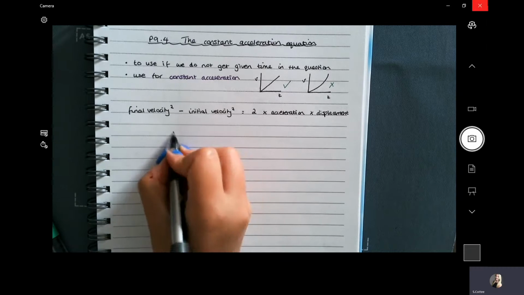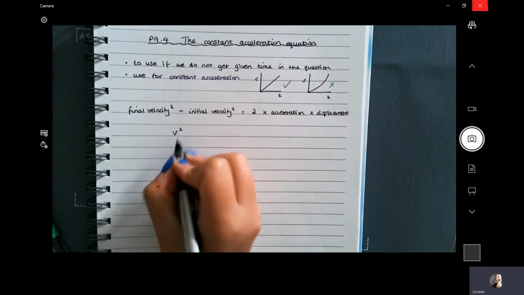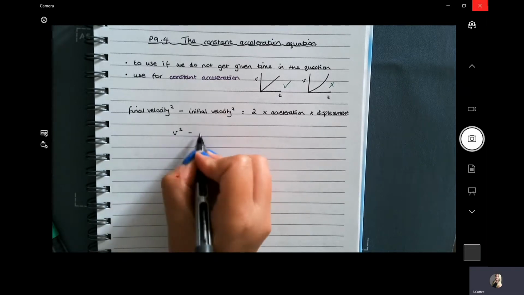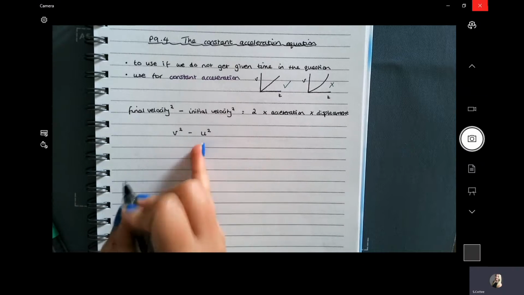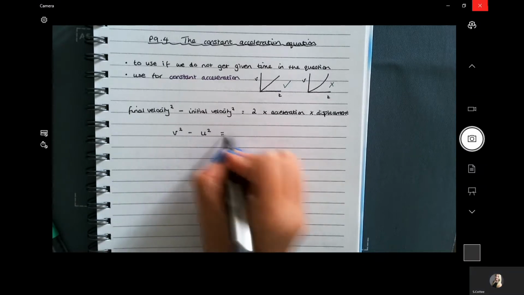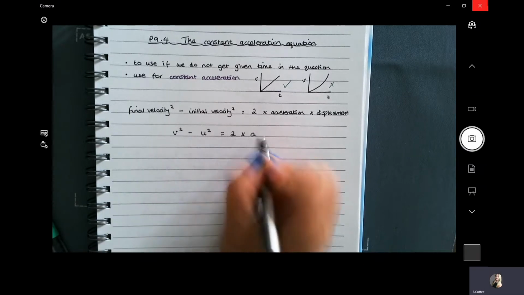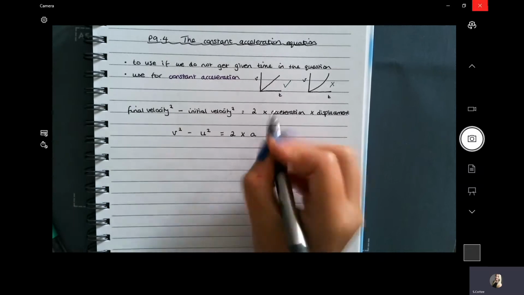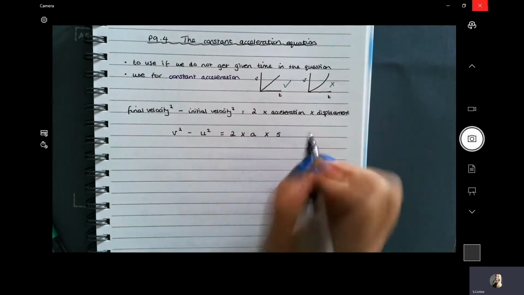In symbols, that's v squared for final velocity minus u squared for initial velocity is equal to 2 times a for acceleration times s.